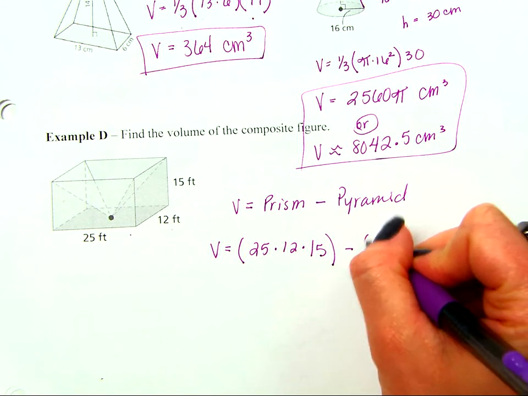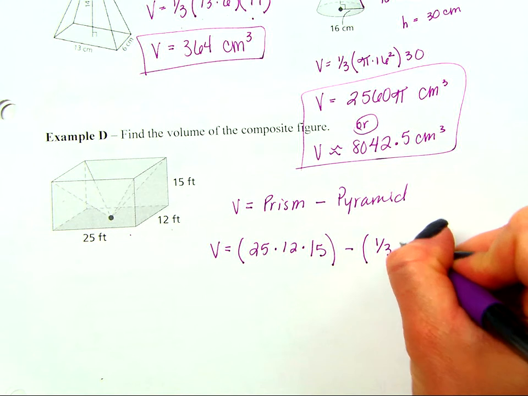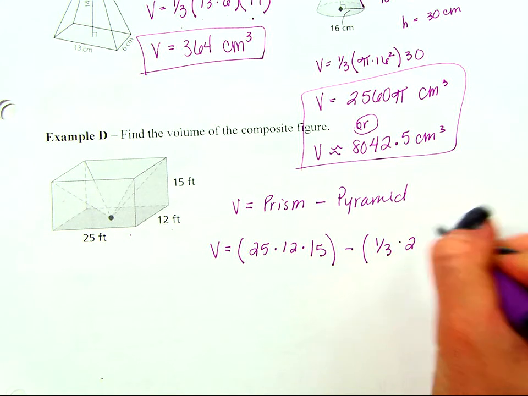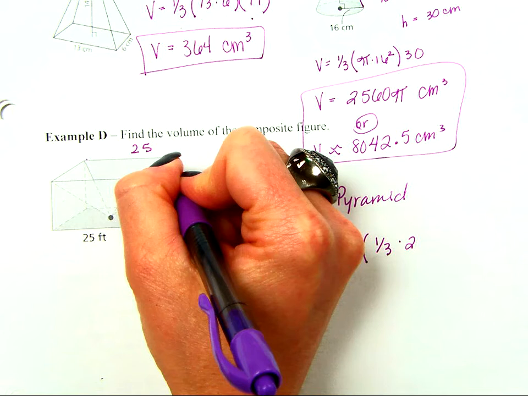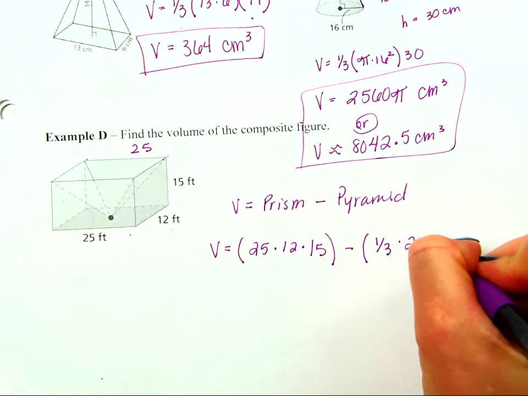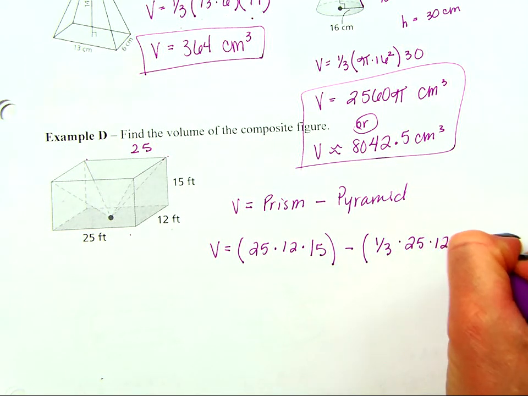Well, my pyramid would actually be 1/3 the area of the base. Well, my base here, 25 and 12, and my height of my pyramid would be 15.